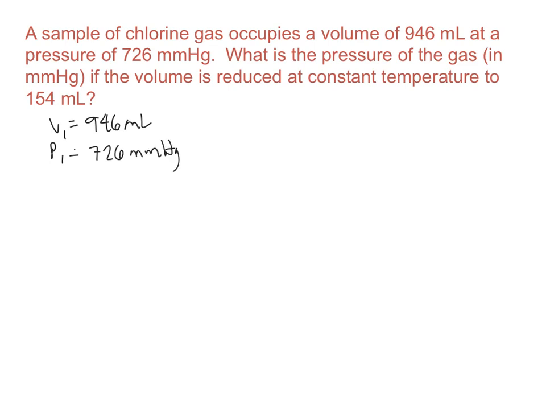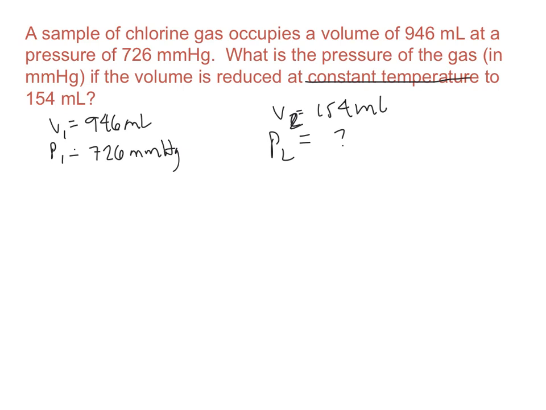So I've been given a volume and a pressure so far. Now it says, what is the pressure of the gas in millimeters of mercury if the volume is reduced at constant temperature to 154 mils? So they're telling you that you have a new volume of 154 milliliters. That's your V2, and they want to know what the new pressure is going to be. They've said that this occurs at constant temperature.